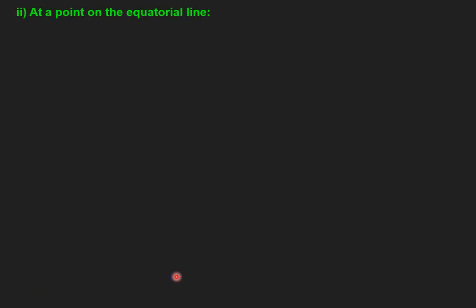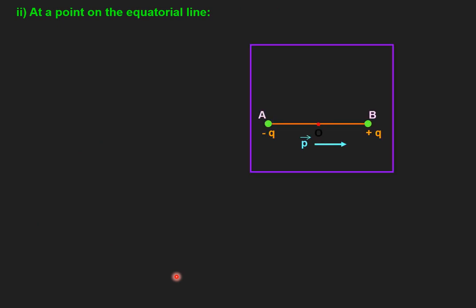Now similarly, if the observation point is lying on the equatorial line, what will we do? We take the observation point on the equatorial line. I have taken this point Q, which lies on the equatorial line. This line is bisecting the electric dipole system, so this is the equatorial line for the given electric dipole.